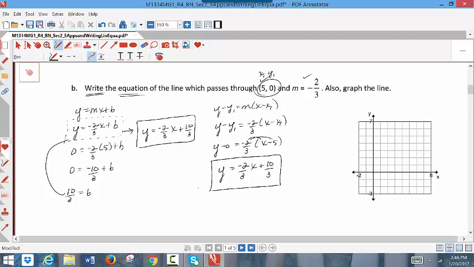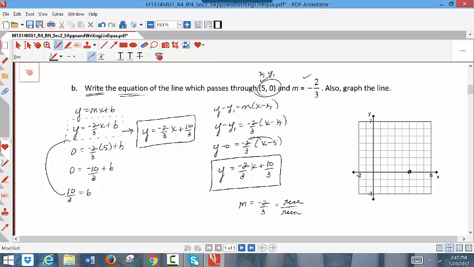Alright, 10/3 is not a really fun number to play with on my piece of graph paper. So to be honest, to graph it, I think I would go back to the two pieces of information they gave me and I'd plot the point (5, 0) and use the slope negative 2/3. Let's plot the point (5, 0): 1, 2, 3, 4, 5. And given that my slope is negative 2/3, which is my rise over my run, instead of rising 2, because the 2 is negative, I have to drop 2.